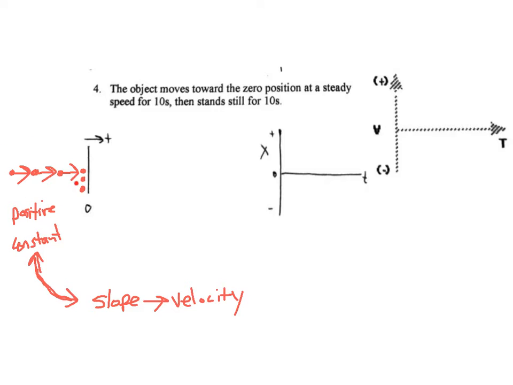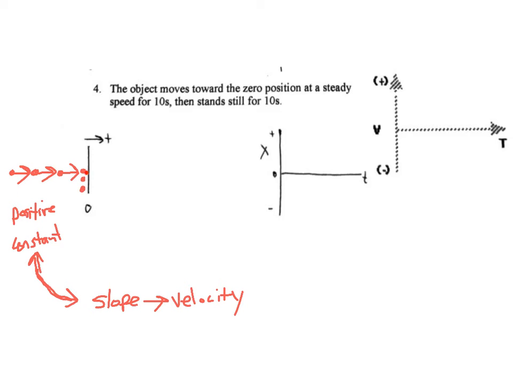These arrows are positive direction and constant length, which means my slope on this graph has to be positive and constant, which means that's what my velocity is, a positive constant velocity. So, question. How do I draw a line on my position time graph that has positive slope and is constant slope?